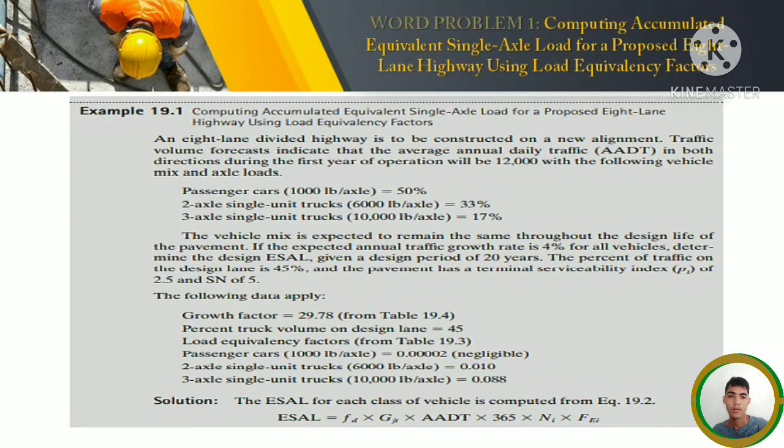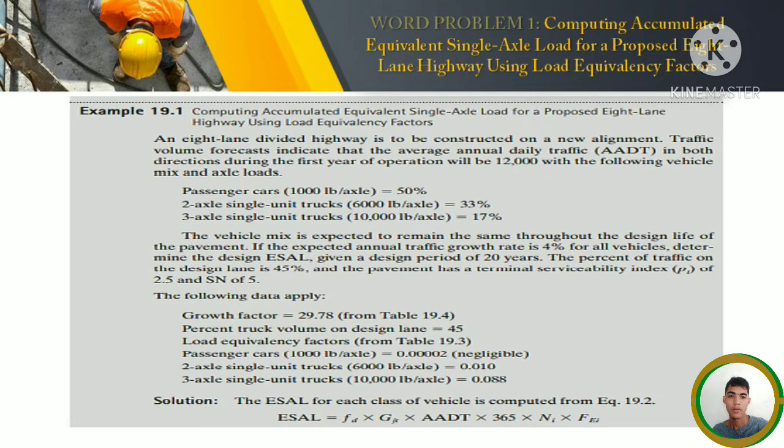For passenger cars, 1,000 pounds per axle is equal to 50%. 2-axle single unit trucks, 6,000 pounds per axle is equal to 33%. The 3-axle single unit trucks, 10,000 pounds per axle is equal to 17%. The vehicle mix is expected to remain the same throughout the design life of the pavement.